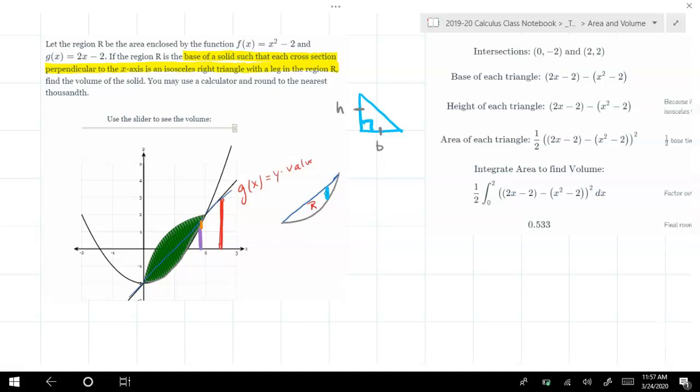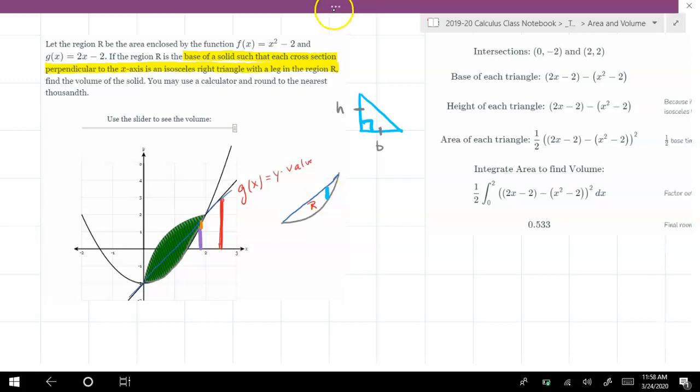We're going to find the volume of this shape where the base is region R. We're going to come up off the base with triangles, and when we integrate the area of each triangle, we add all the areas together, and we'll have the volume of this shape.